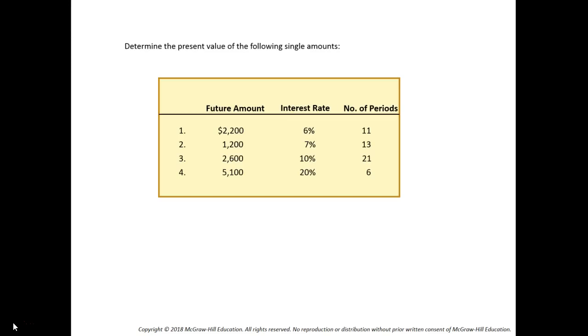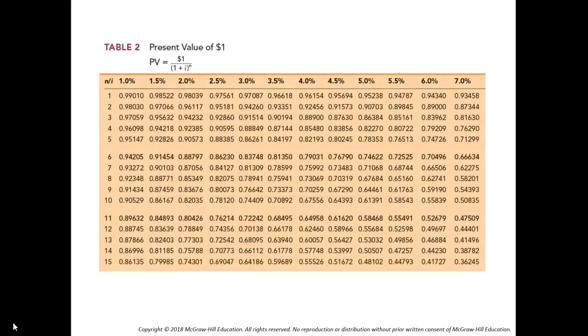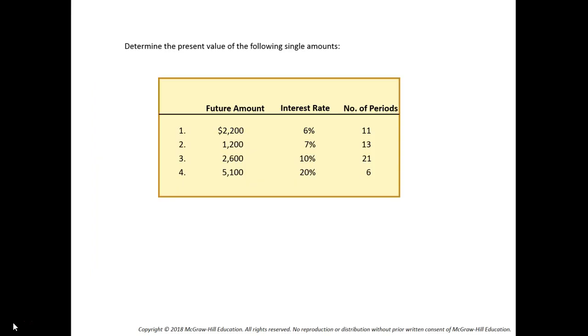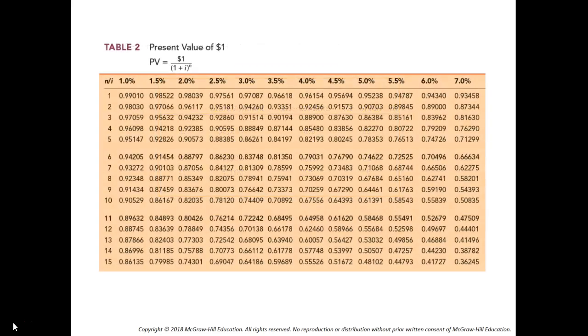So let's look at exercise 6.3. We're going to determine the present value of the following single amounts. The future amount of $2,200 at an interest rate of 6% over 11 periods. What's the present value? Same with 2, 3, and 4.